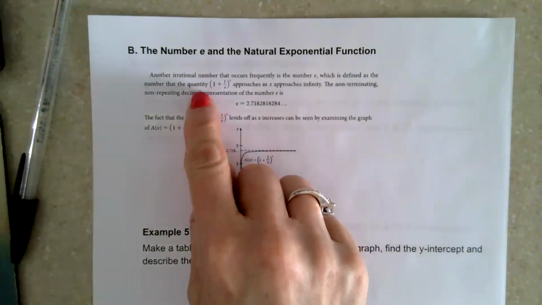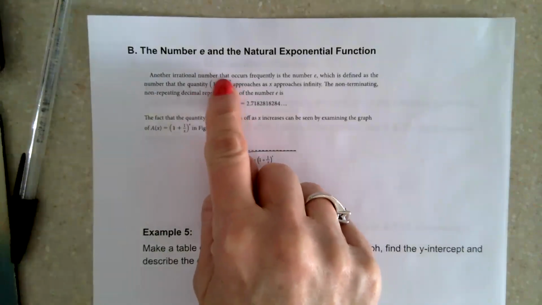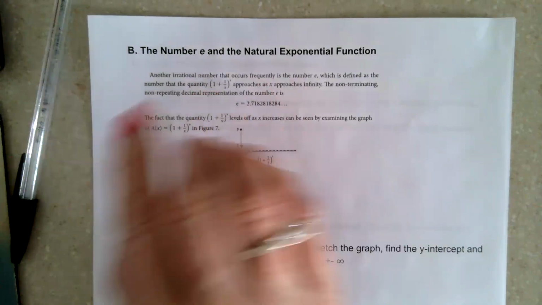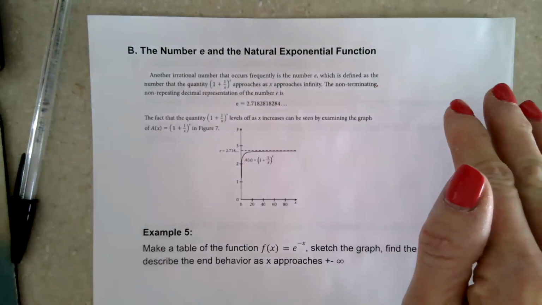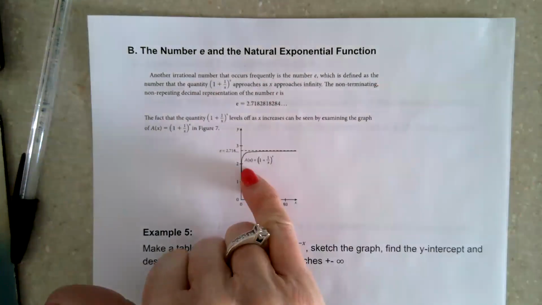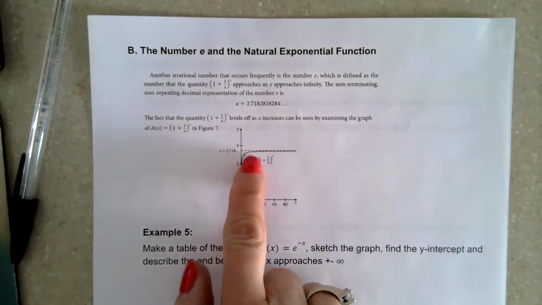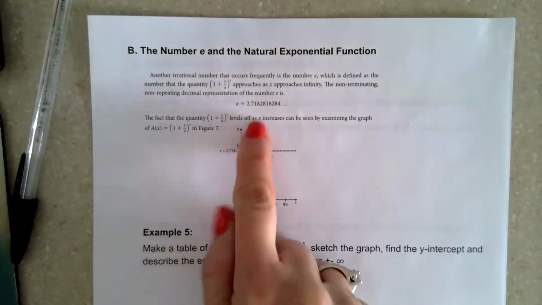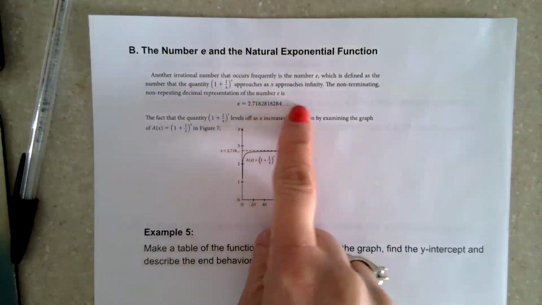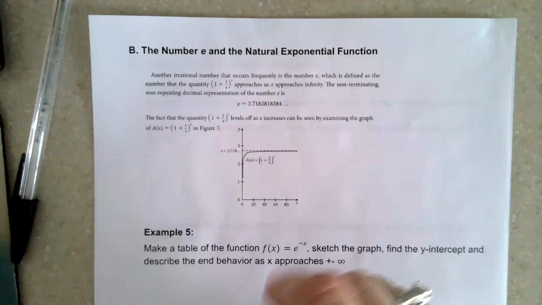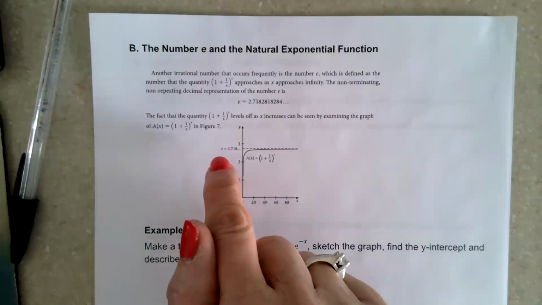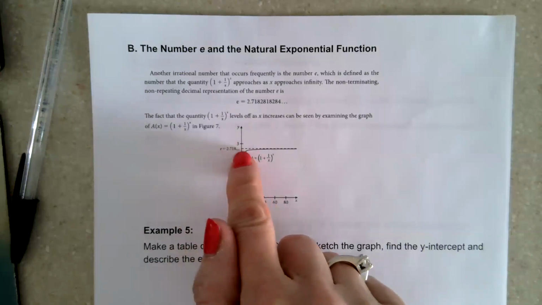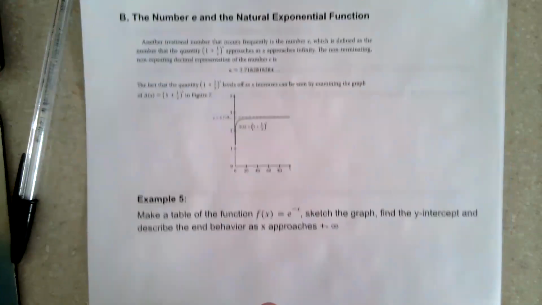As this ratio, 1 plus 1 over x to the x exponent, gets infinitely large, it increases and gets really, really close and becomes an asymptote at this number, 2.718281828, and it's got an endless number of decimals. We call that number E. It's the natural number E. Usually we just go to 3 decimal places, 2.718.